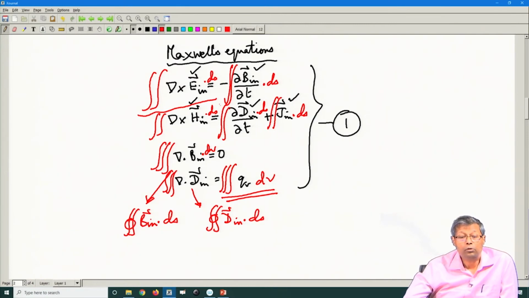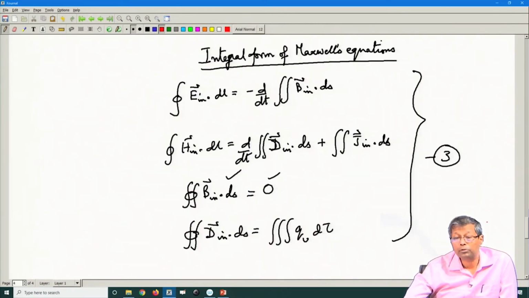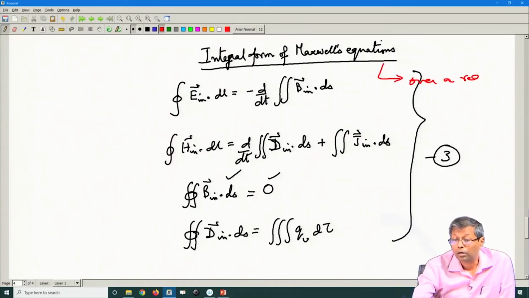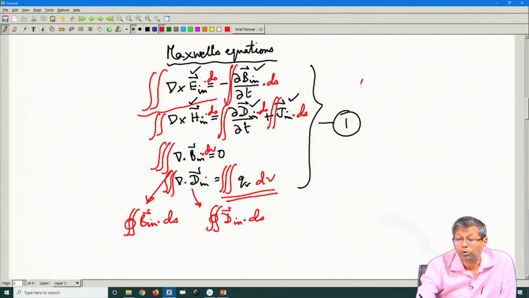Okay. So, that is how we graduate to the integral forms of Maxwell's equations, which are valid over a region of space. Okay. So, these are applied over a region, and these are the equations which are valid over at a point.